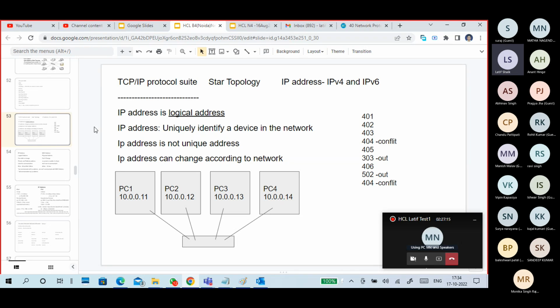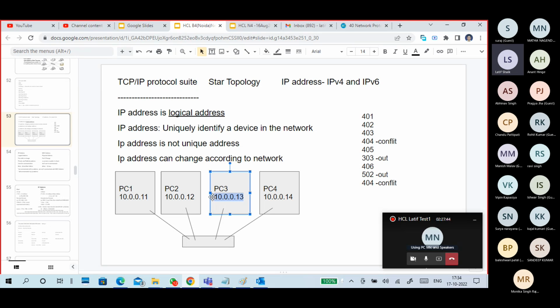Uniquely identify a device in the network means in the network you have devices, and each device has a number, which is called the IP address. So we can identify each device while they are communicating with each other. Like PC1 wants to communicate with PC3, so it wants to address that particular device.